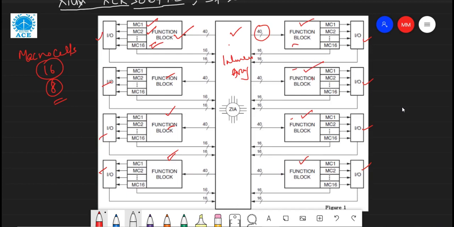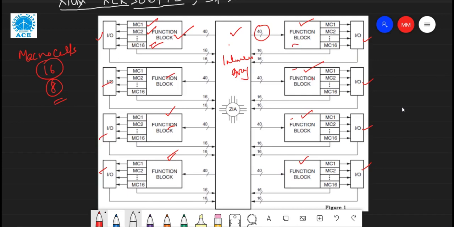All of the macro cells in a functional block are fully connected to each other. These are connected together with certain functionalities, consisting of mux and flip-flops, AND gates, OR gates, AND-OR logics, buffers and inverters.